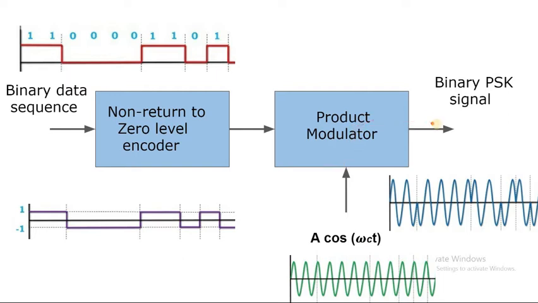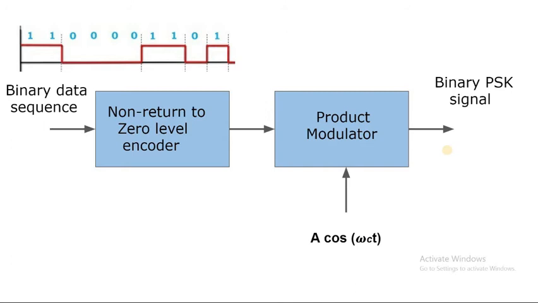The output of the product modulator is V PSK of t equals minus A cos omega c t. Thus, the carrier signal and the BPSK signal are completely out of phase by 180 degree. Thus, the phase shift of the carrier changes with respect to the 1 and 0 bit of the input data.